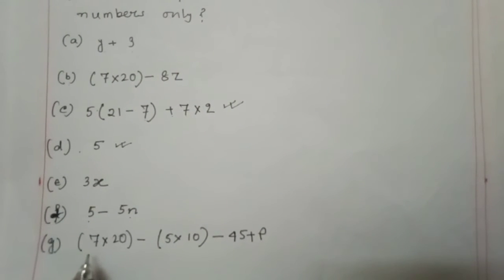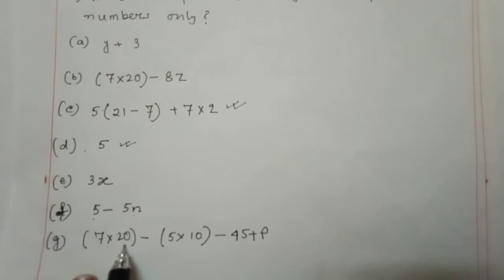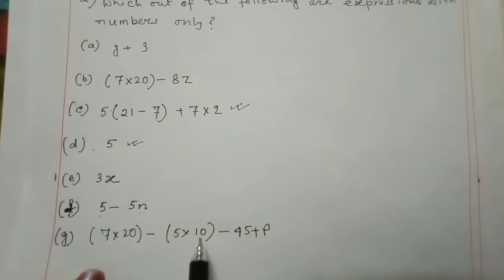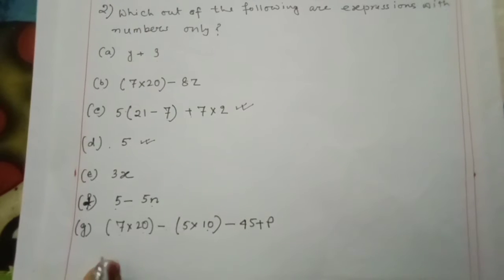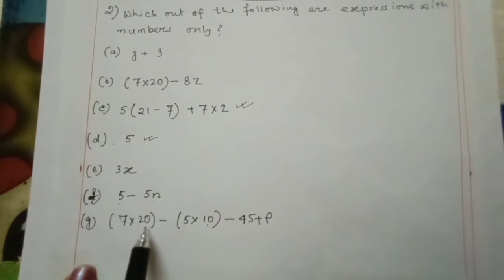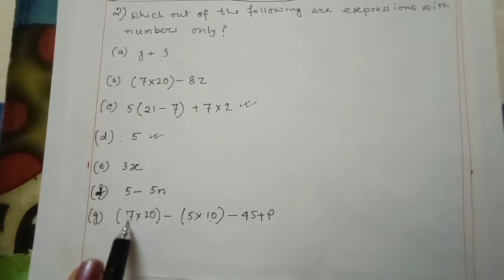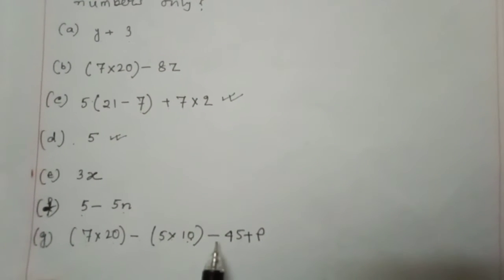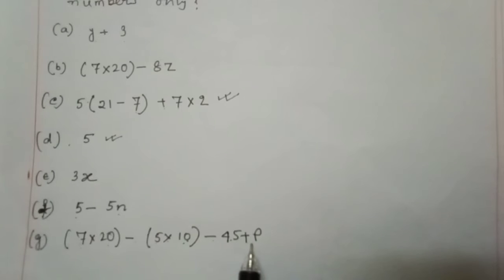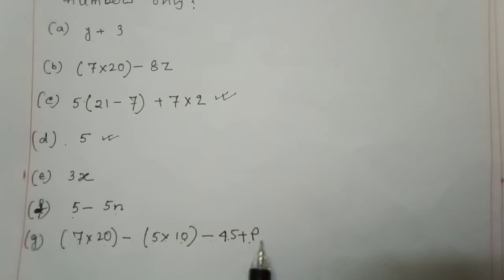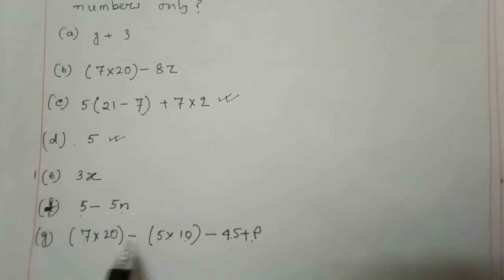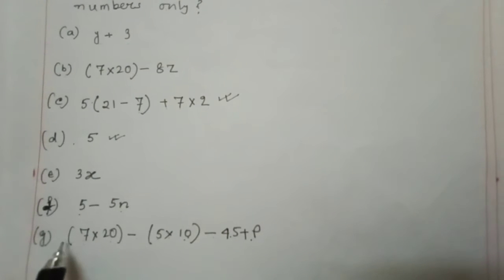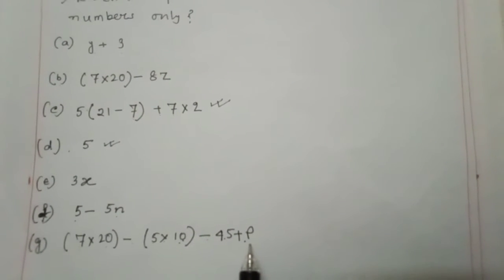Next one is G: 7 into 20 minus 5 into 10 minus 45 plus p. Again a variable at the end, so this is not an expression with numbers only, one variable is there.